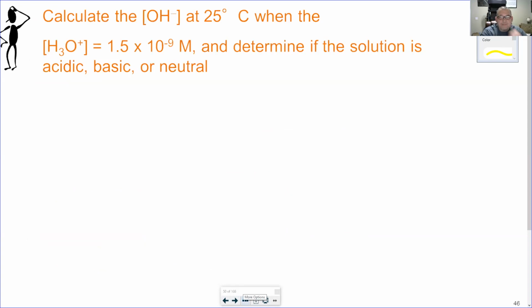Here's an example of a problem that we might run into in doing these types of analysis. The problem asks to calculate the OH minus at 25 degrees when the H3O plus is 1.5 times 10 to the minus 9.